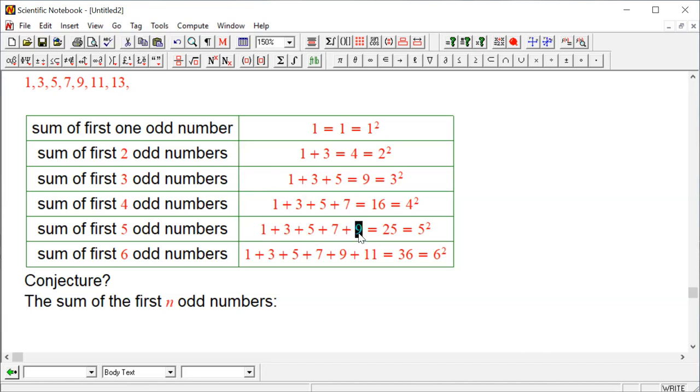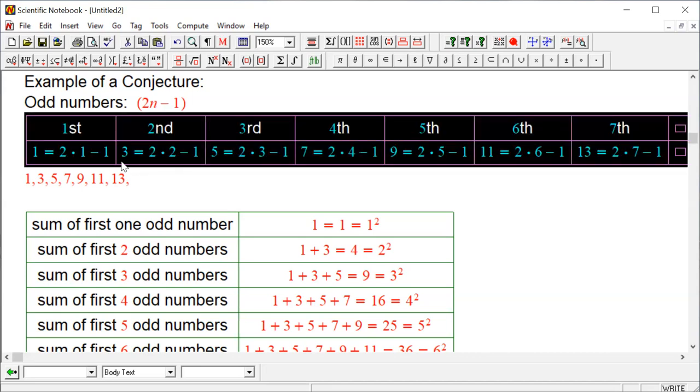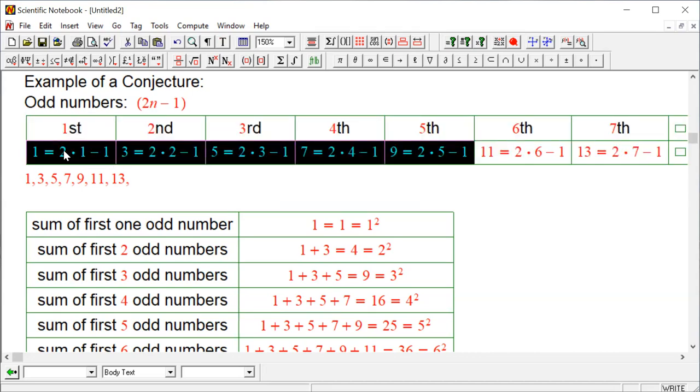The last number is 2 times 5 minus 1, remember? So we are just adding the first 5 numbers.